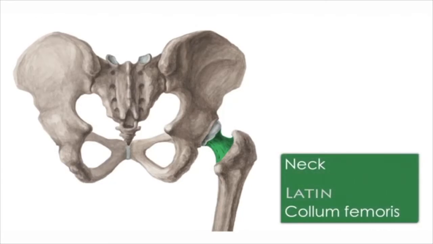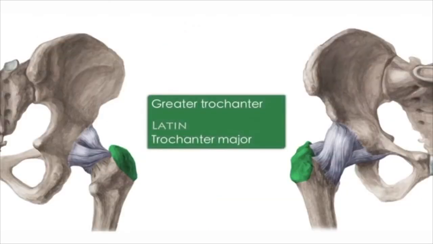And this is the portion that you find between the head, right here, and this other portion that we're going to talk about next, known as the greater trochanter. The greater trochanter is a large prominence on the superior lateral aspect of the femur shaft.